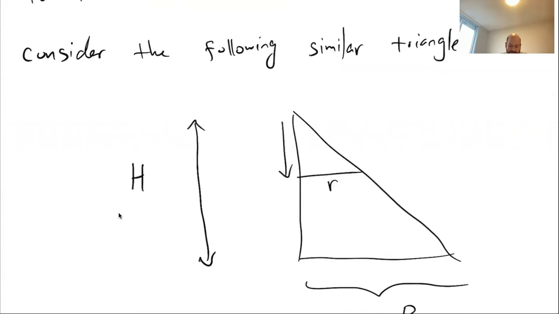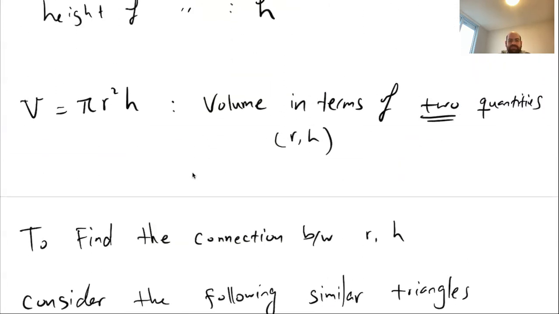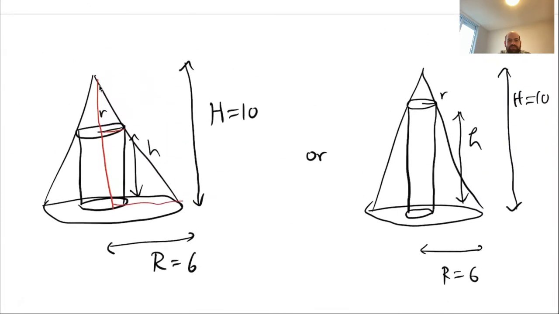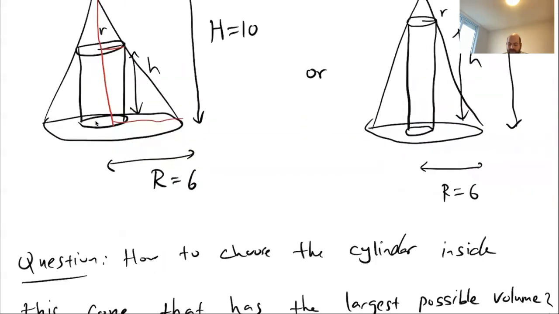What about the smaller triangle's height? How much is it? This height here is small h, and the whole is capital H. So what will be left for the height of the small triangle? It will be capital H minus small h, right?